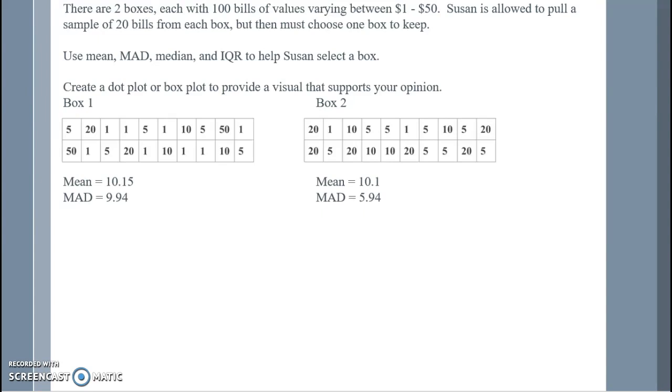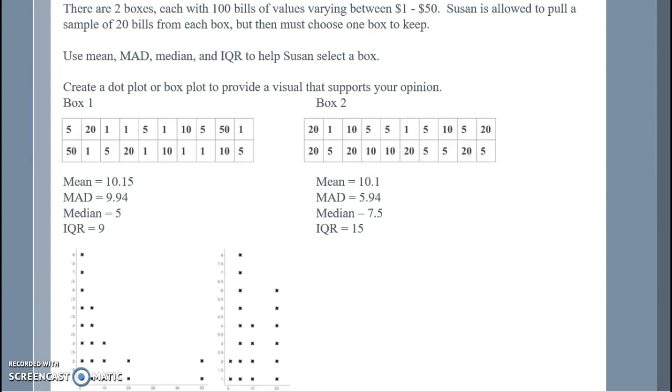I can tell that in box 2, the numbers I chose are closer to the average, and in box 1, they are more spread apart. The median is 5 and the median is 7 and 5/10. So the median is larger in box 2. The interquartile range is 9 and 15.